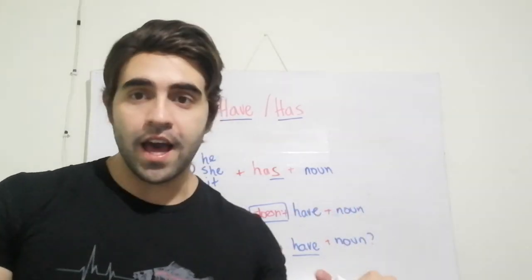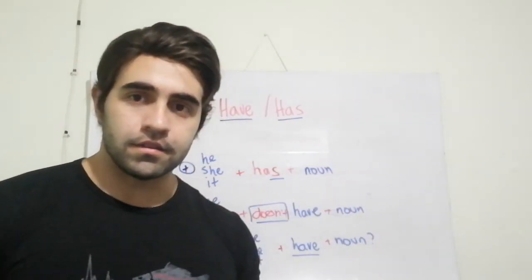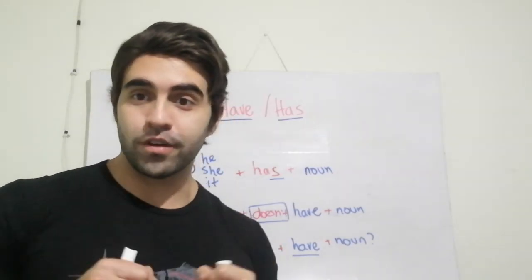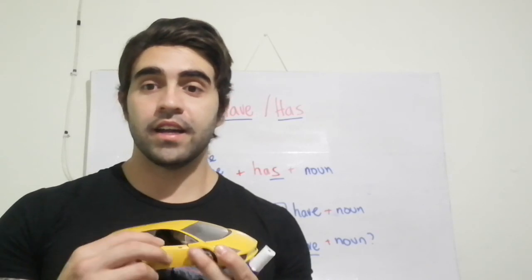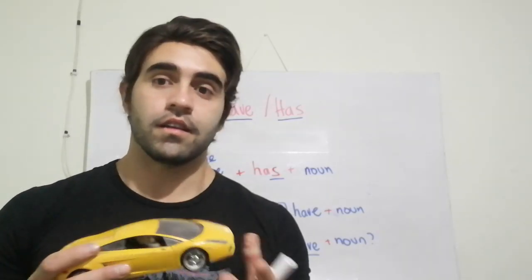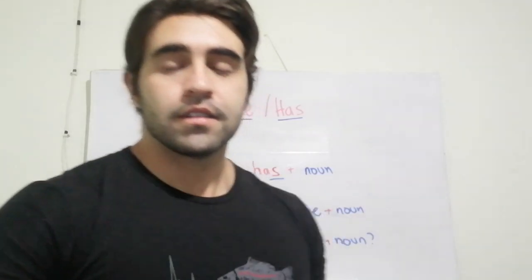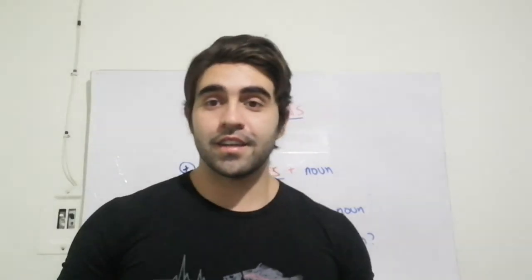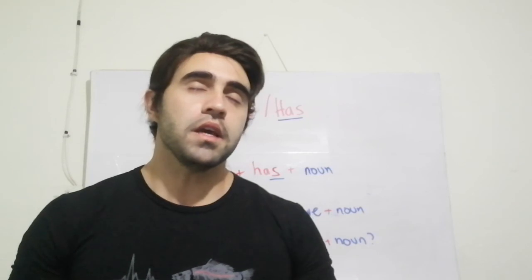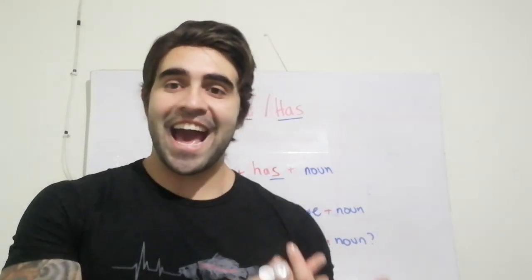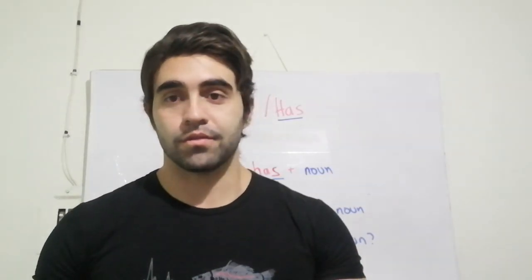Does she have a house? Does it have a door? For example, in the case of the car, does the car have a door? I say yes, the car has a door. Does your sister have a house? You can say yes, teacher, my sister has a house, right? And we can go on and on with different examples.